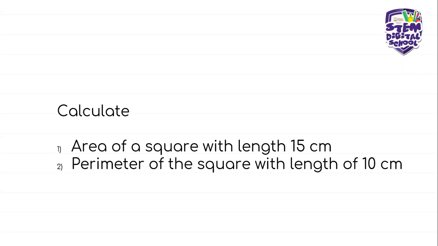So I fully agree with you. 15 multiplied by 15 will give you 225 square centimeters. Why 15? Because the length of the square is 15 centimeters.